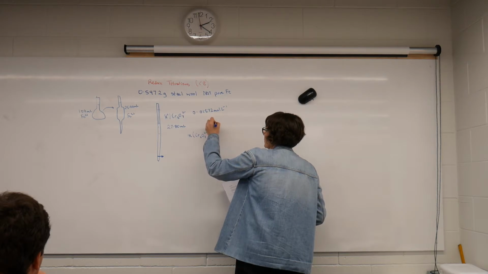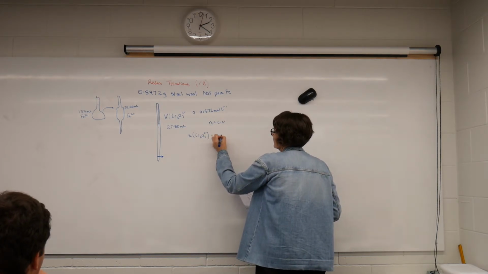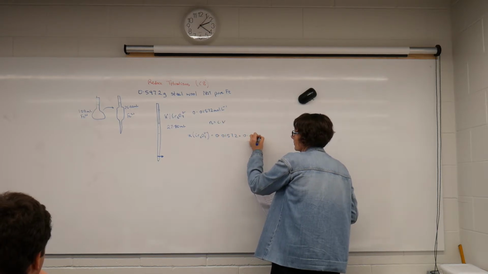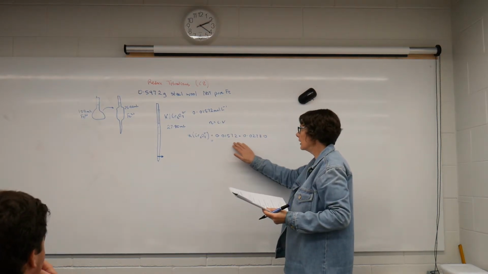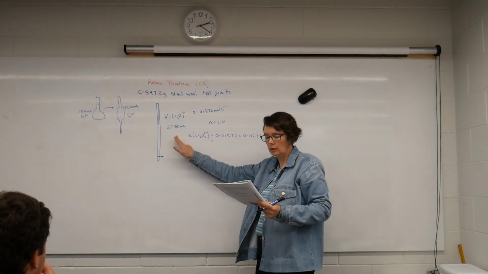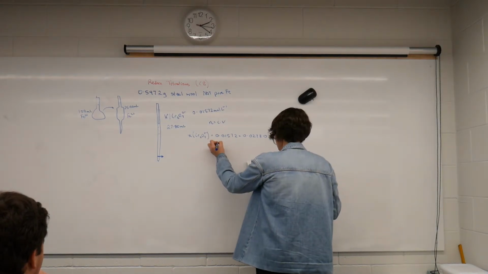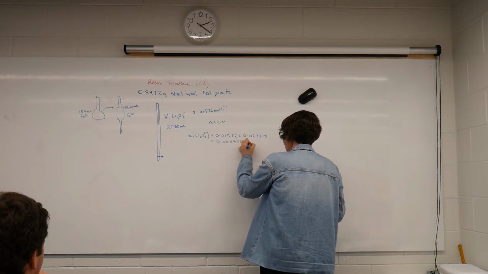It's n equals c times v, doesn't it? And it's going to equal the concentration times the volume of the dichromate. And you end up with 0.0004369 moles.